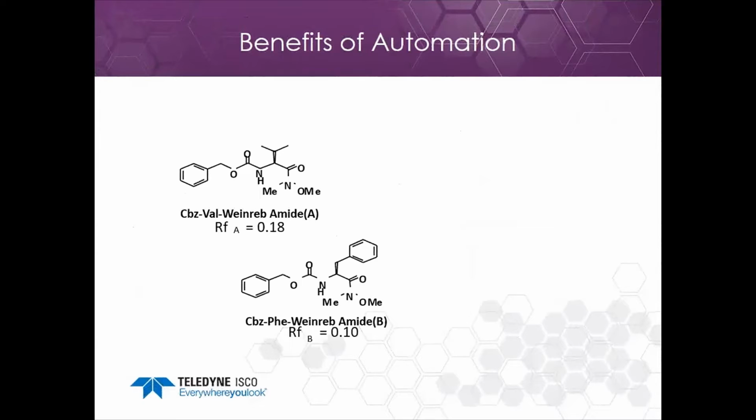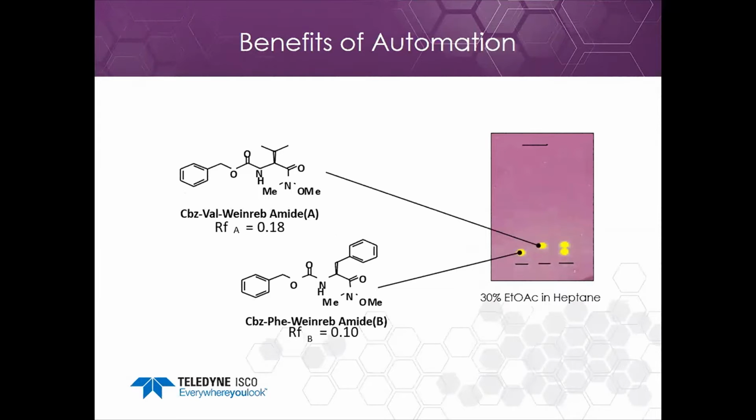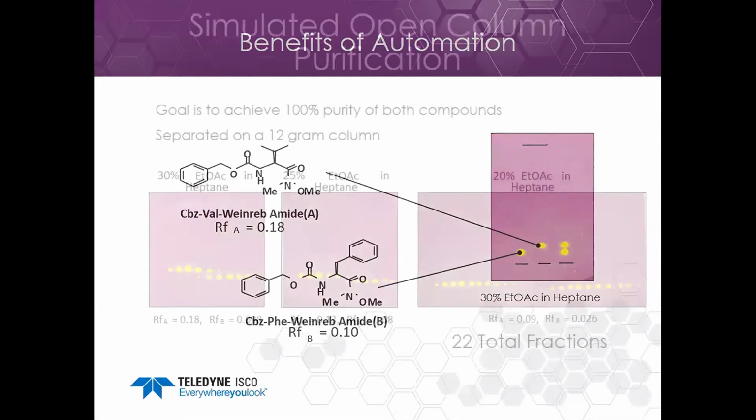In this case, we're going to be separating these Weinreb amides, and they have an Rf difference of less than 0.1, so they're going to be pretty closely eluting. If you look at the TLC in 30% ethyl acetate heptane, we see compound A and compound B there, and they're almost touching.